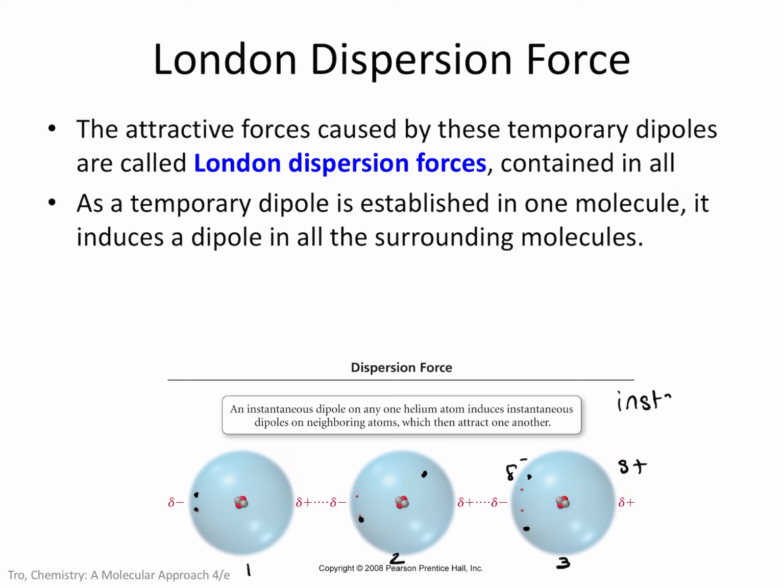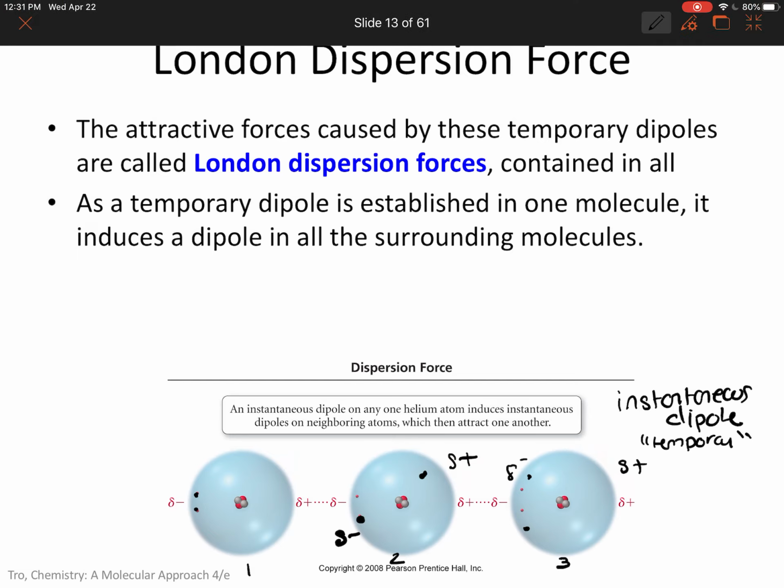This is called an instantaneous dipole. Induced dipole. Temporary dipole, you could say. Because it doesn't stay, right? Because again, then the electrons move this way, for example, where now you have them evenly distributed and there's no dipole that happens. So an instantaneous dipole on one helium atom induces an instantaneous dipole on its neighboring atom.